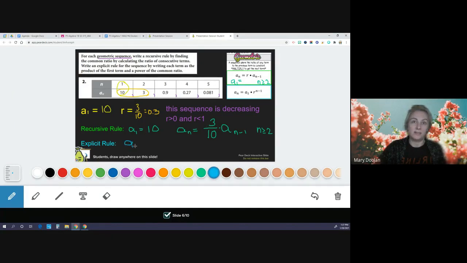So a sub n equals a sub 1, so 10, times r, or 3/10, to the power of n minus 1. You can also put the decimal in the parentheses if you want. Okay.